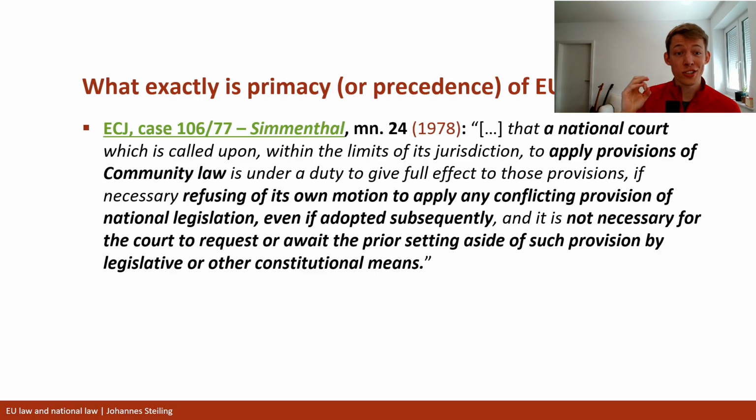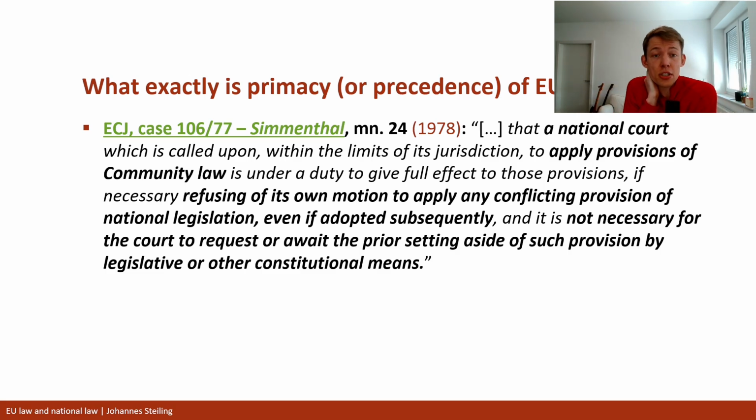Also notice that the ECJ does not differentiate between different national legal acts. This could be talking about national constitutions, which we'll get into. This could be talking about parliamentary laws. This could be talking about government regulations or even lower decisions of the administration.